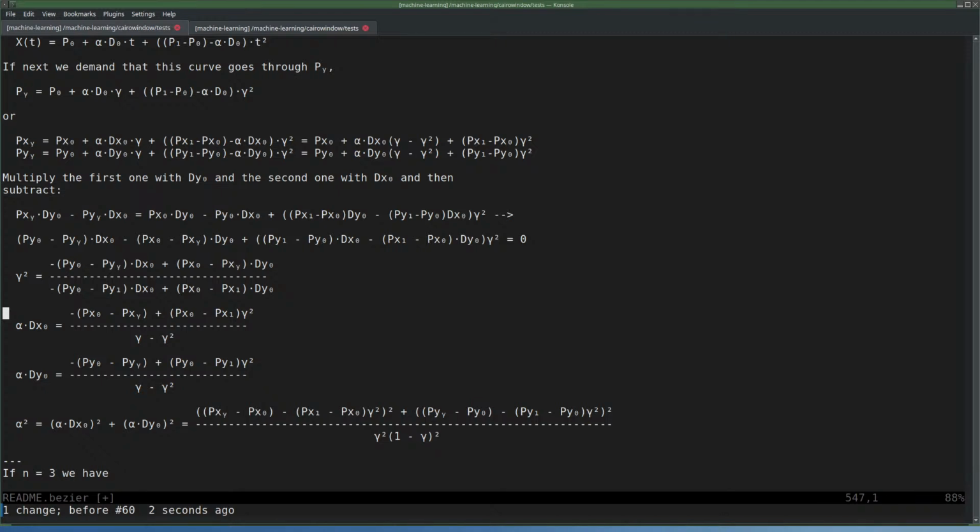Yeah, since gamma is larger than 1, and this is now gamma times 1 minus gamma, I think I should negate this one. And then again negate the above.